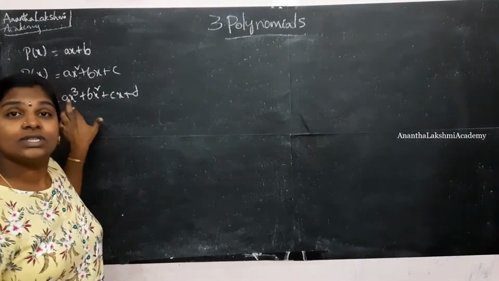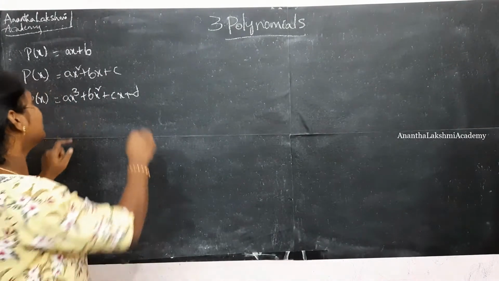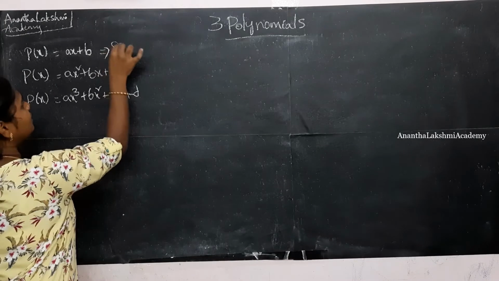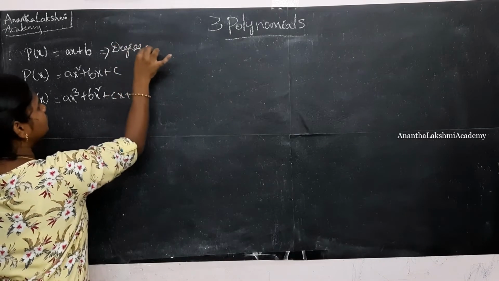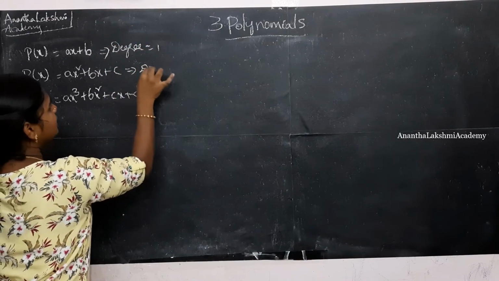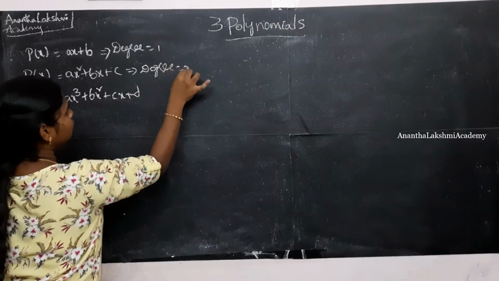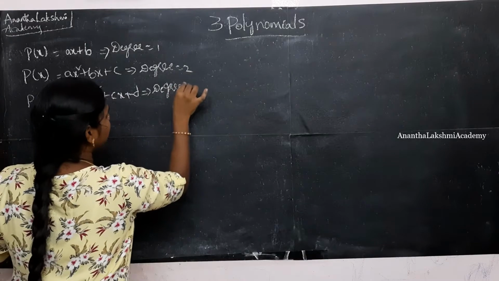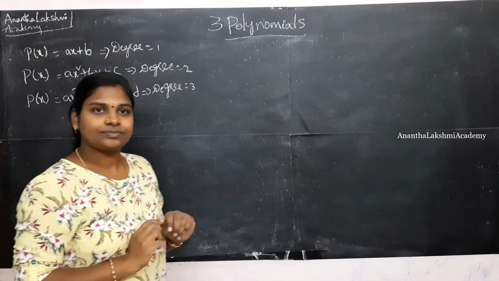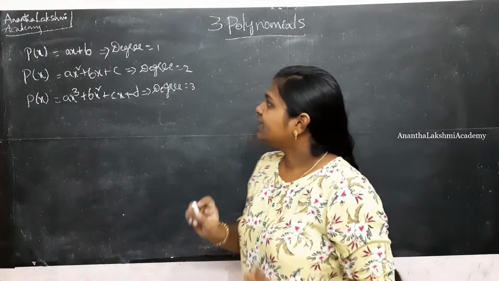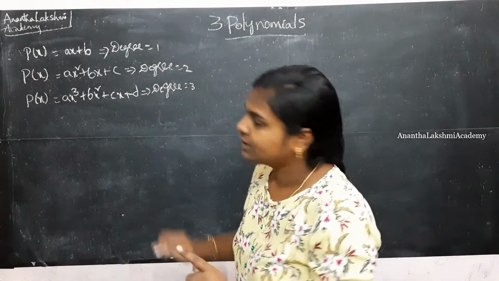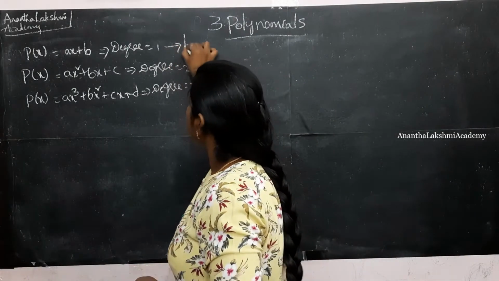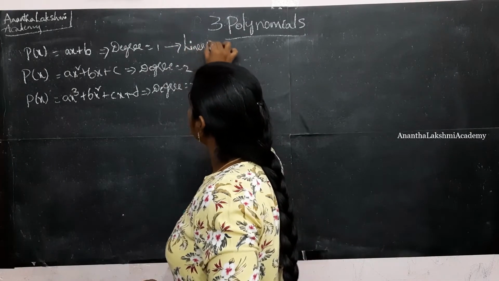The degree of the third polynomial is 3. So let's write the same here. Degree is equal to 1. Degree is equal to 2. And here the degree is equal to 3.